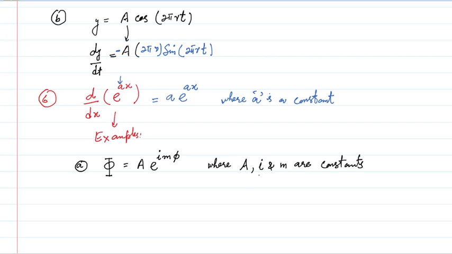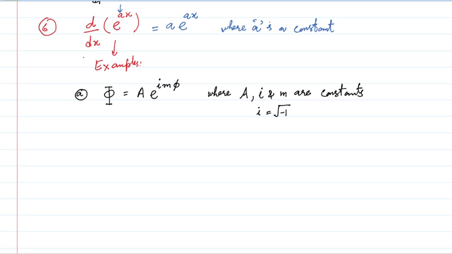In quantum chemistry, this iota is basically equal to under root of -1, so you will remember this value. This iota is basically equal to how much? Under root of -1.